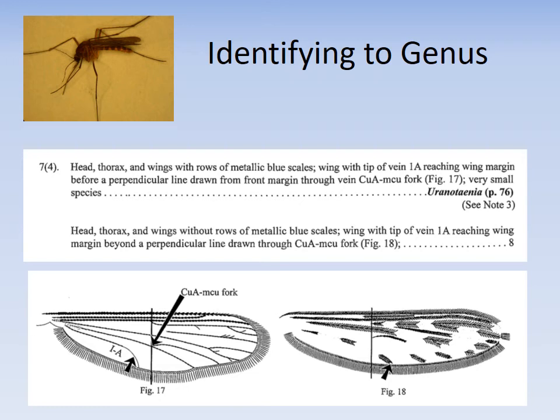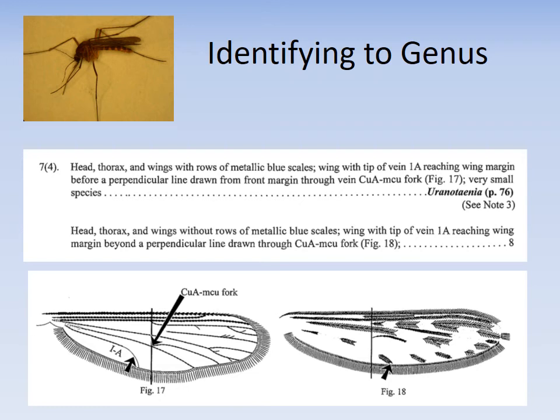Whereas the specimen on the lower portion has no metallic blue scales, and the wing has the tip of vein 1A reaching the wing margin beyond this perpendicular line. So if you draw a line here perpendicular to the wing, is this joint here meeting that perpendicular line?